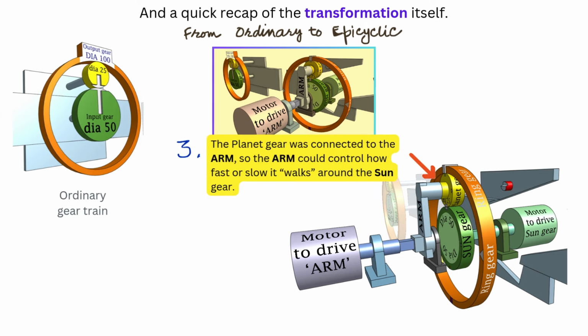So this is where we have imbued our ordinary drivetrain with a second degree of freedom, thereby making it an epicyclic gear train.